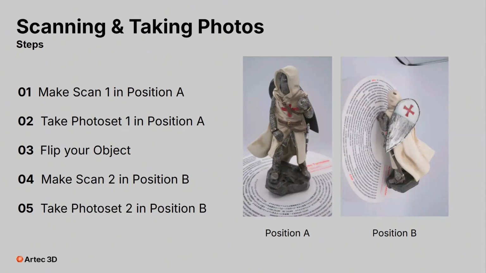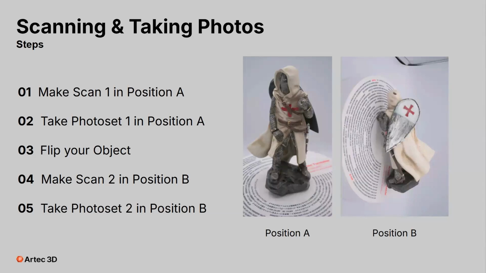So you need to take both the photos and your scan while the object remains in the same position. It is crucial for the photo registration algorithm in order to match the scanner frames and the images from your external camera. So this is the best practice.